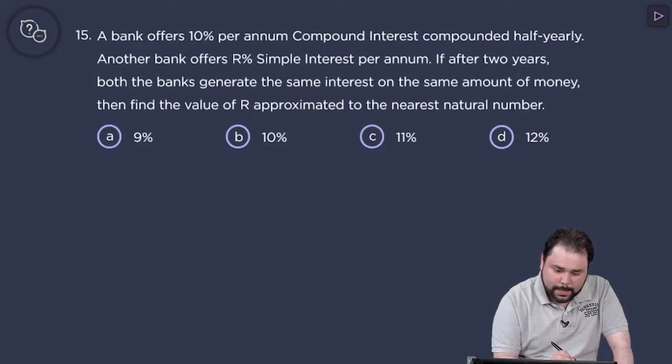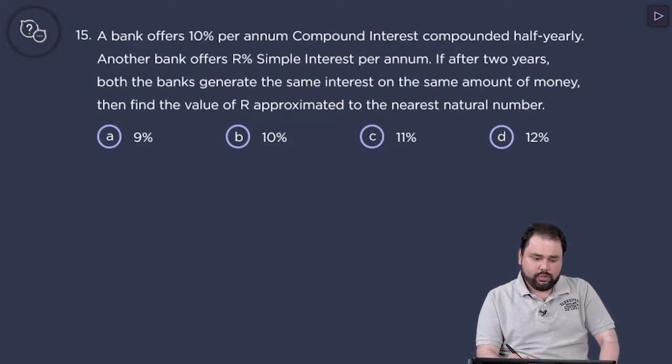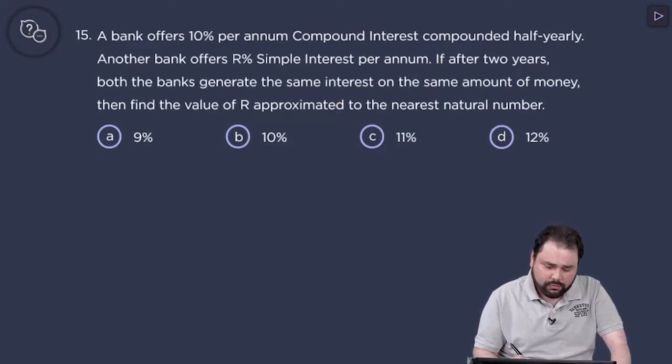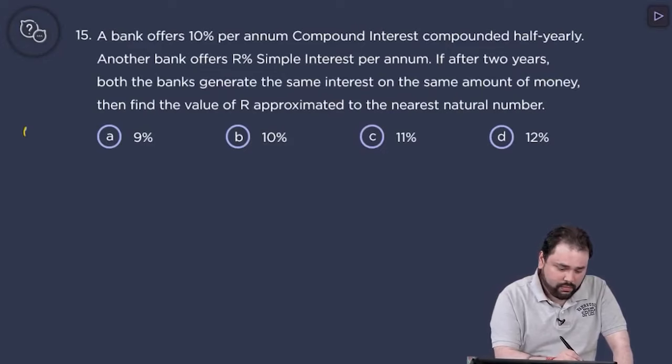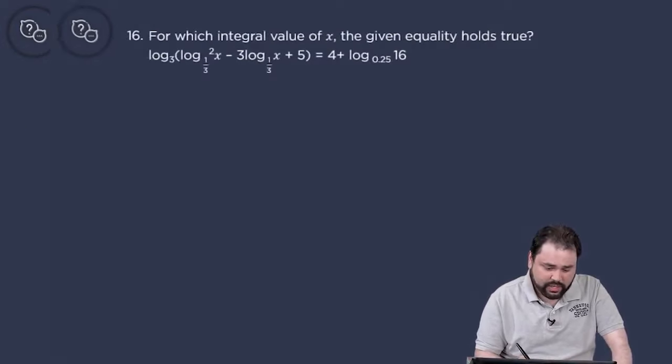Half yearly and R%, so R by 200 to the power of 4. Now this is going to the power of 4. I have 12 minutes to go. Okay, I'll come back to this, because it will take time to calculate.